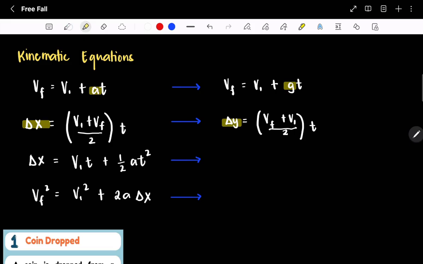Okay, next, kinematic equation number 3. We also have a delta x, so instead of delta x, we will use delta y. And then we'll copy V sub I T plus 1/2 GT squared. Now notice that we change A to G once again for kinematic equation number 3.